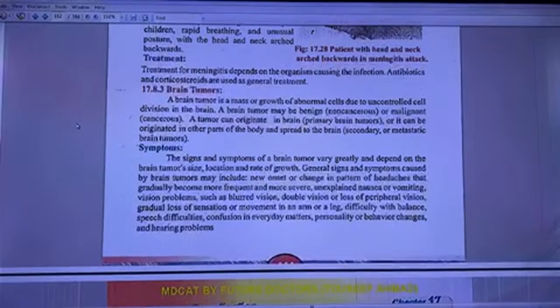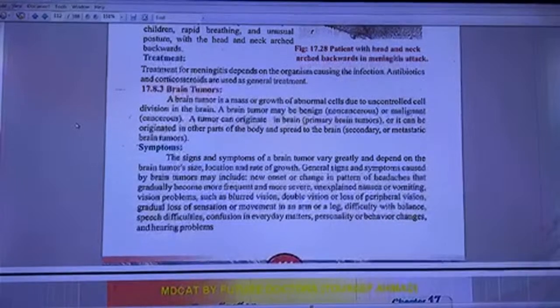Symptoms. The signs and symptoms of a brain tumor vary greatly and depend on the brain tumor's size, location, and rate of growth. General signs and symptoms caused by brain tumors may include new onset or a change in pattern of headache. They gradually become more frequent and more severe.